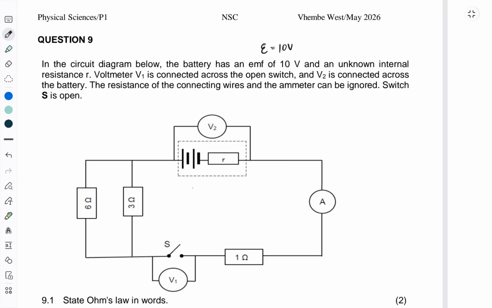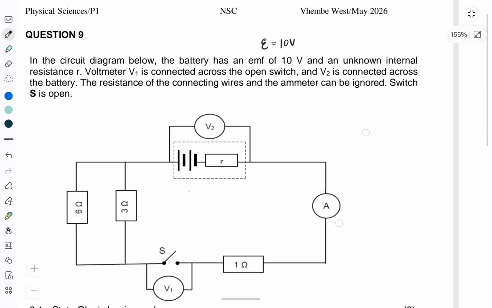So the only thing we are given in the statement is that our EMF is 10. Since this battery has an internal resistance, V2 will not be equal to 10 volts, because some of the voltage, which is energy, will be used up to overcome the internal resistance of the battery.